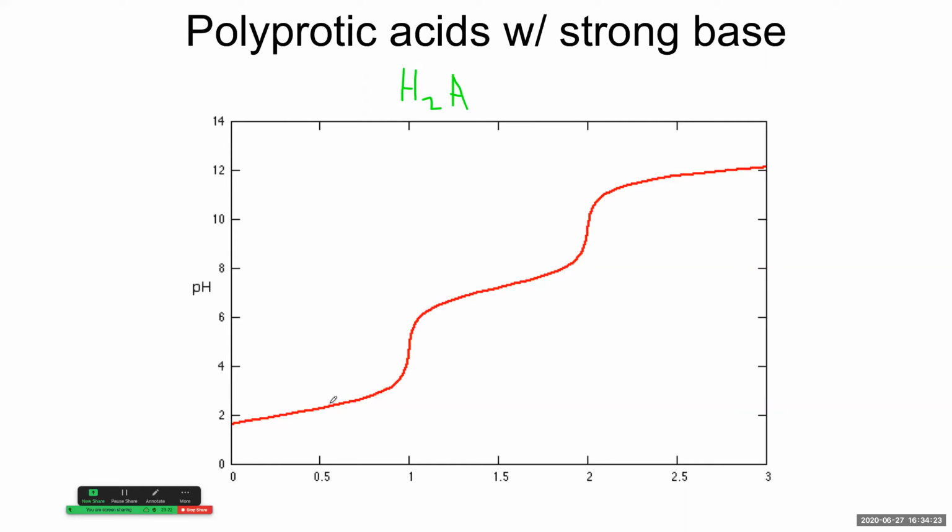All those are weak acids. So this has a buffer region. If the first proton is a weak acid, the buffer region would be right here. So halfway to the endpoint, which looks like it's at 1 mil maybe, so at half a mil, you'd have the pKa of the weak acid. This doesn't exactly look like a weak acid though, because it's just a nice gradual slope up.